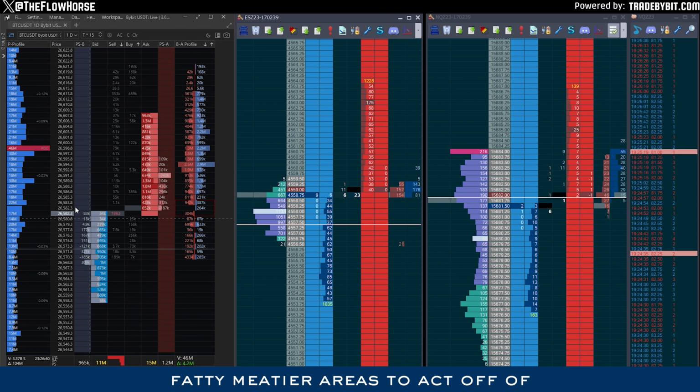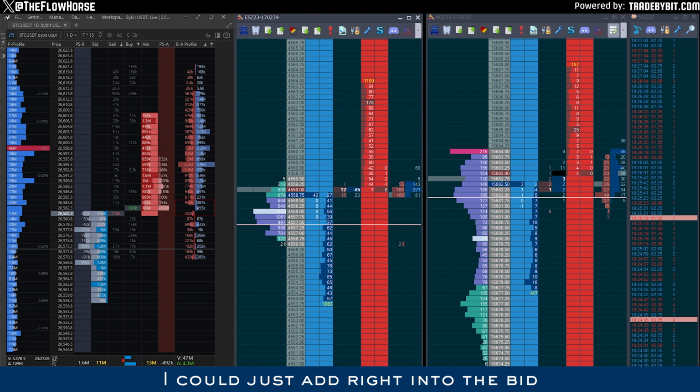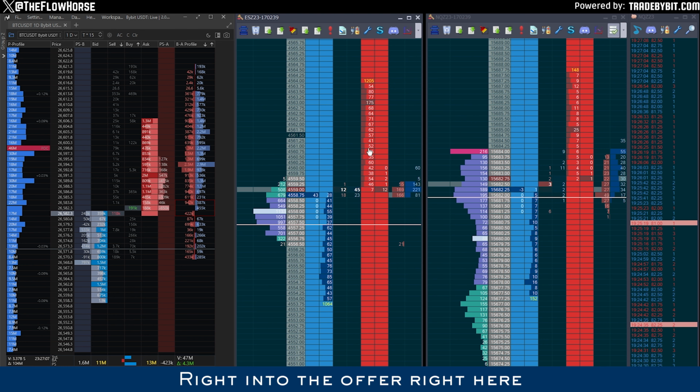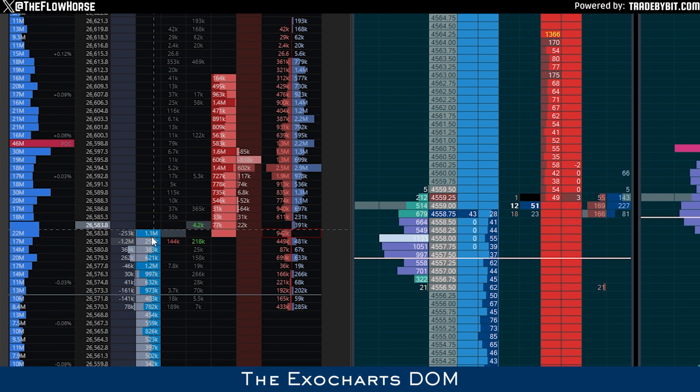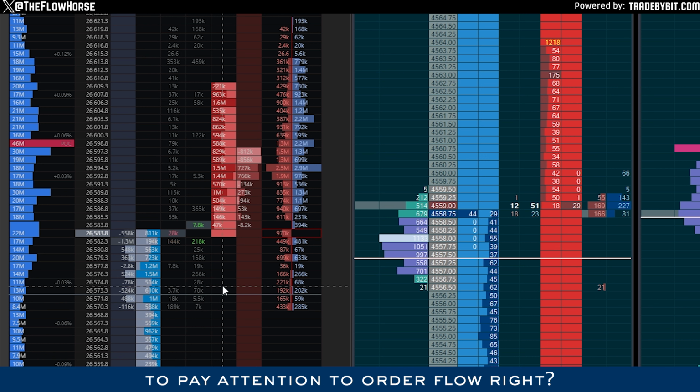So we're going to talk about Exocharts because I think this is probably the best DOM. And the difference between, my DOMs right here is I could actually trade off of these, right? I could click on any one of these, I could just add right into the bid, right into the offer right here. The Exocharts DOM you can't trade off of, but you could still use it to pay attention to order flow, right?